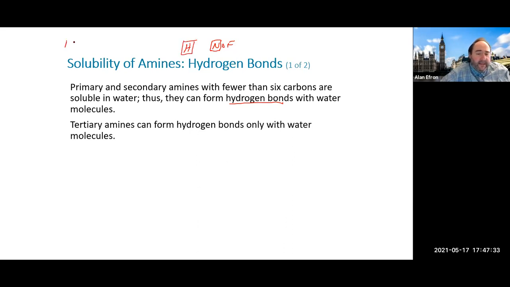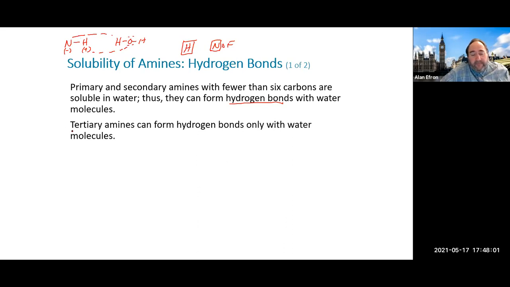That creates that nitrogen-hydrogen bond where the hydrogen is more positive and the nitrogen is more negative. And that gives it the ability to do a little bit of hydrogen bonding with water. That means that amines are fairly soluble in water for our primary and secondary amines.